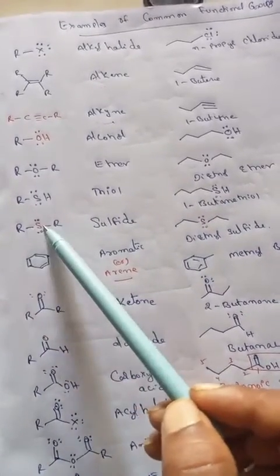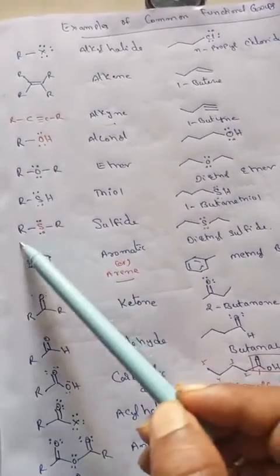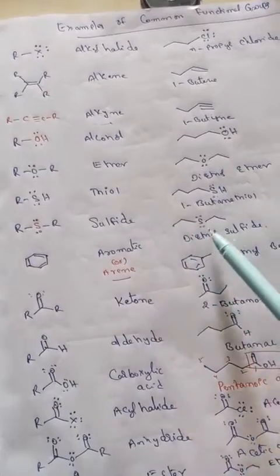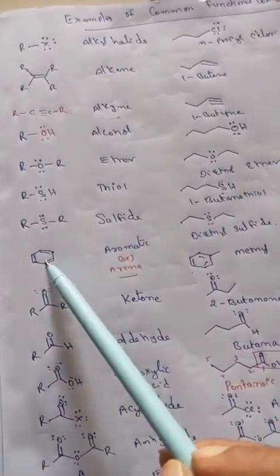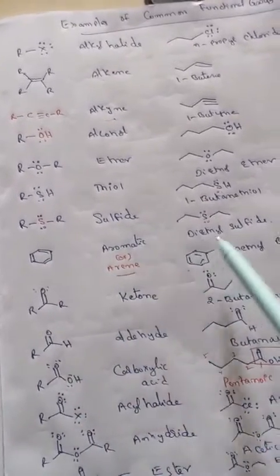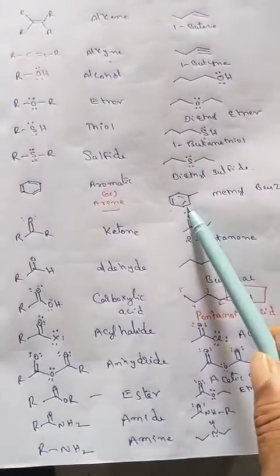And RSR is a thioether, also called a sulfide, like diethyl sulfide or dimethyl sulfide. Now the second class is aromatic compounds, such as benzene. For example, methylbenzene.